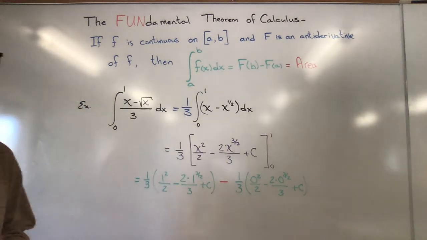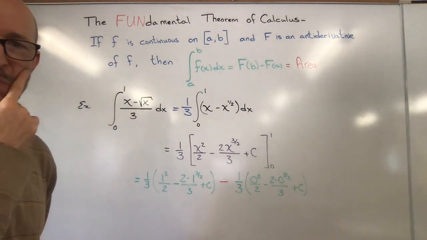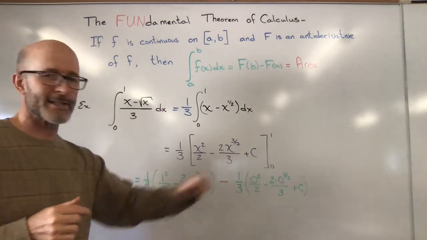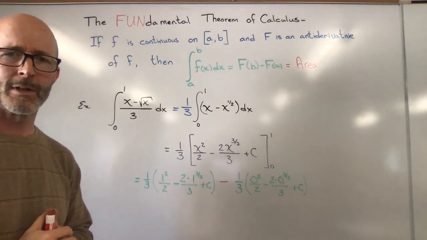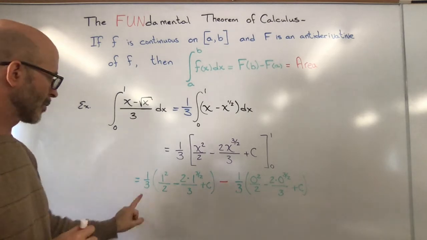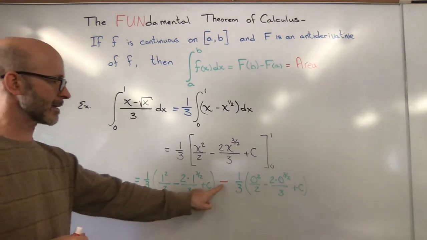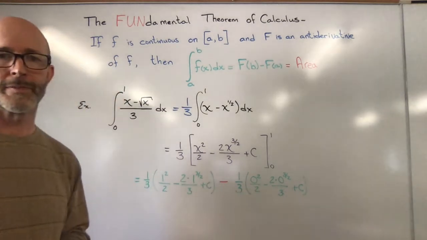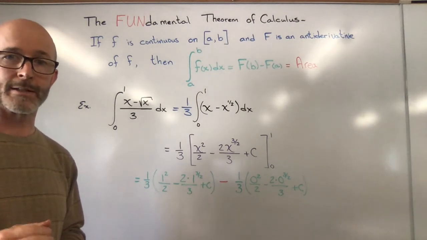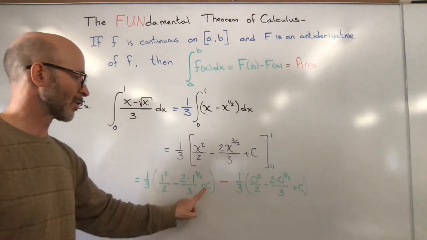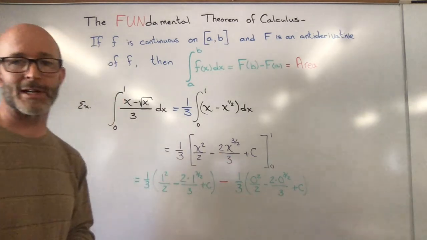I'd like to make a really big point here. When it comes to the constant, that is super important. You have to have that for all indefinite integrals. For a definite integral, what happens when I subtract these? I have a constant, and then I have minus a constant. Every single time that you do a definite integral, the constant, whatever that is, will be subtracted out by the exact same constant.